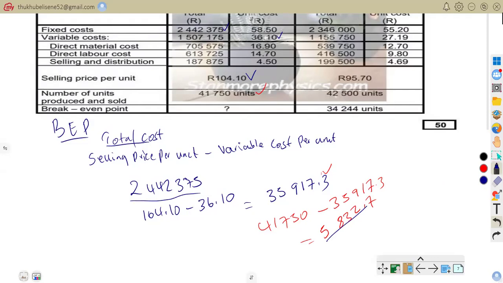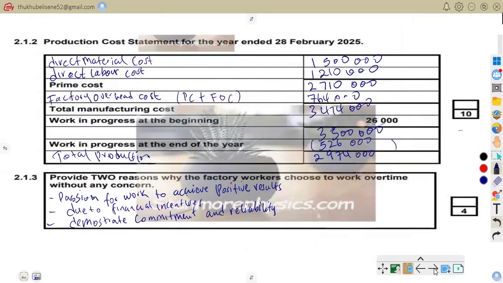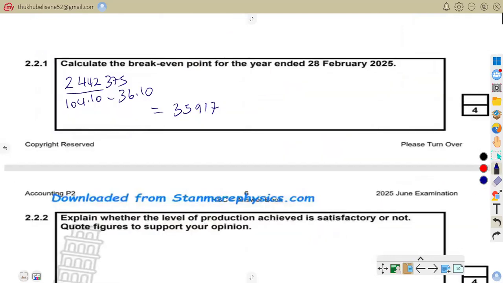So we are to write that on our answer book. That is 2.2.2.